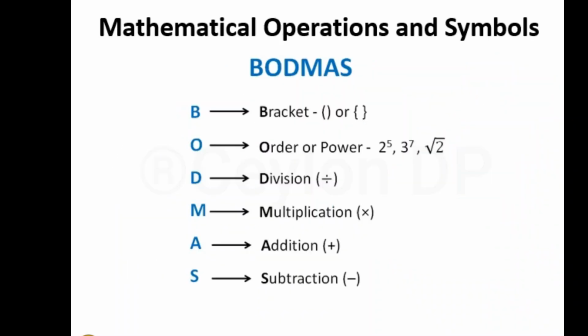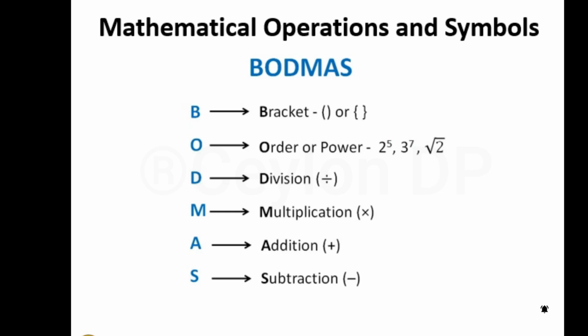ඊළඟට අපි කතා කරන්නේ mathematical operation symbols, BODMAS. These are the very fundamental laws that you should implement when you are calculating any kind of calculation. So BODMAS: B is brackets, it means inside the bracket you have to solve first.